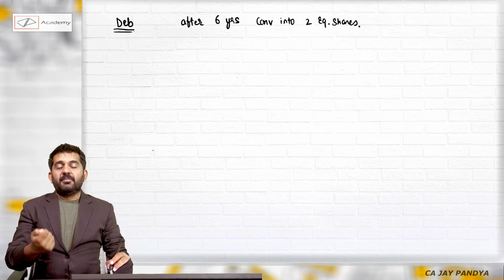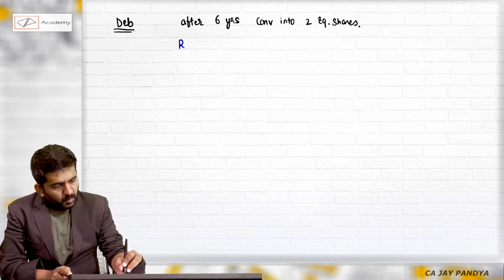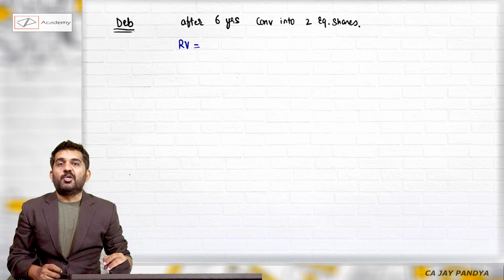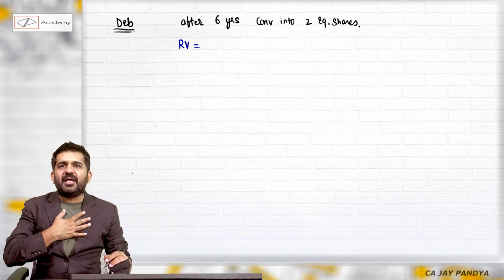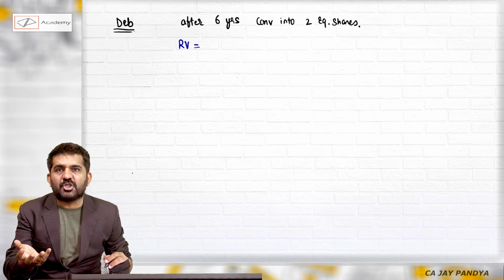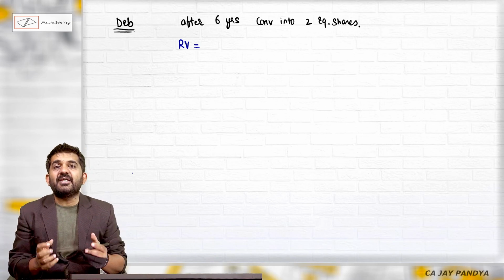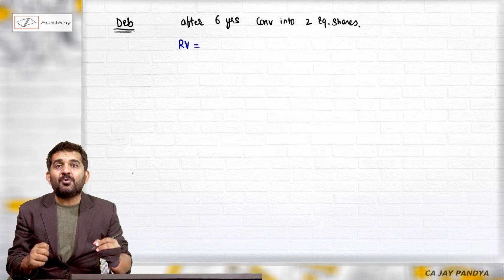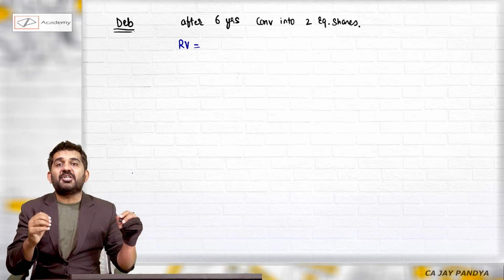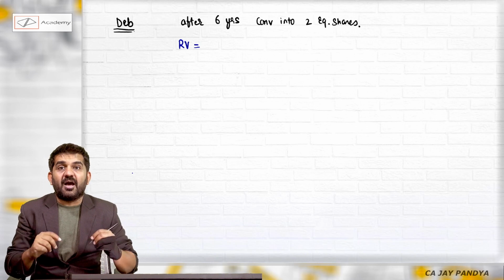So the problem is this: what is my redemption value? After 6 years, as a company, I am not paying money to my debenture holders. What I am paying is 2 equity shares. So here I will have to value 2 equity shares, but not as on today, after 6 years.